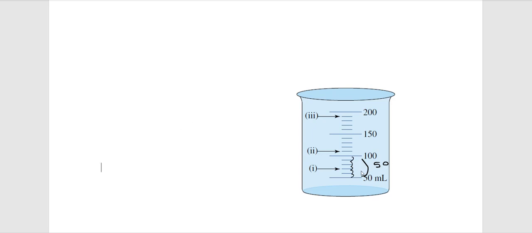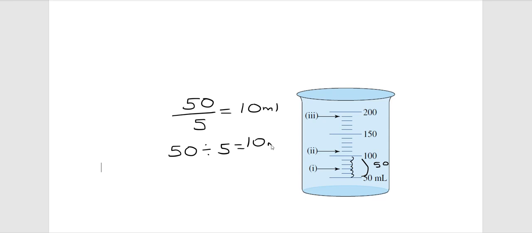So if I divide that by 5 smaller units, you can write it like this as well, if that makes more sense, that fraction line means division as well. I would have 50 divided by 5 leaves me with 10 mils. So that's saying every small little space is worth 10 mils.